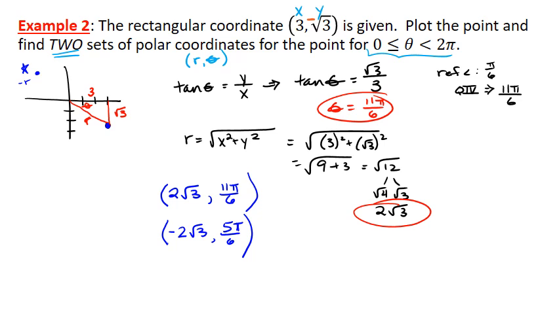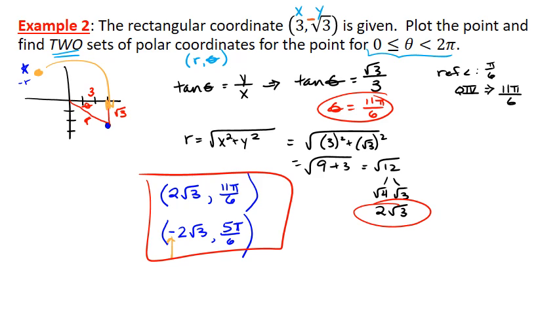And the reason for that is this angle here is 5 pi over 6. And if we have a negative angle or a negative direction, that will give me this one. Again, there are an infinite number of possibilities for these.